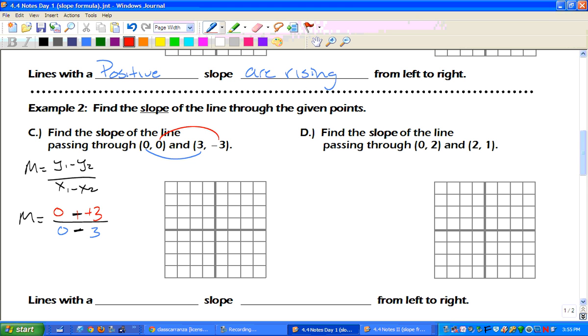That equals 3. 0 minus 3 is -3. And that reduces to -1. So graph 0, 0, and 3, -3 is right there. Let's draw the line.